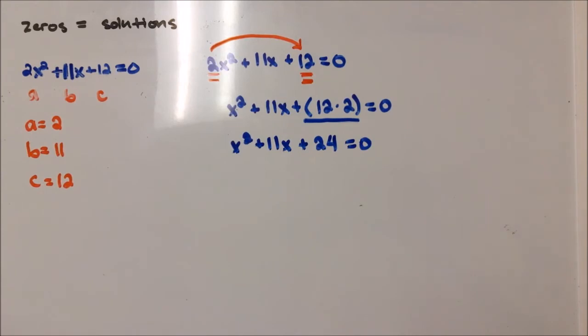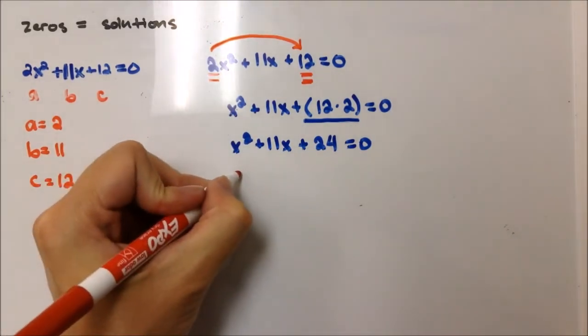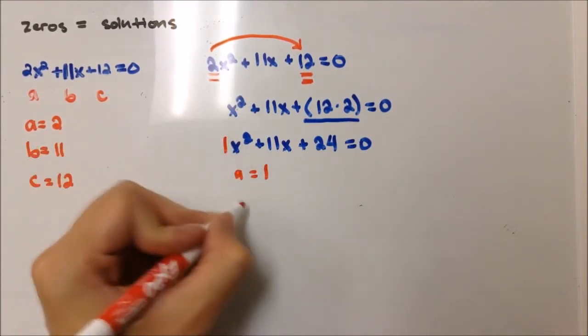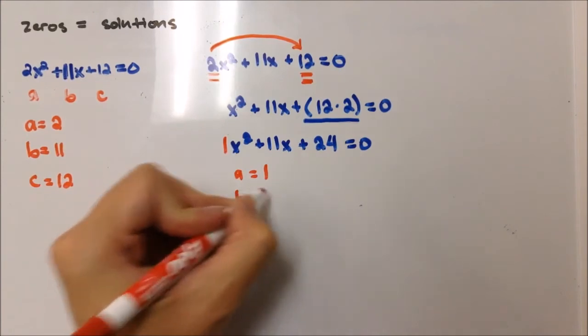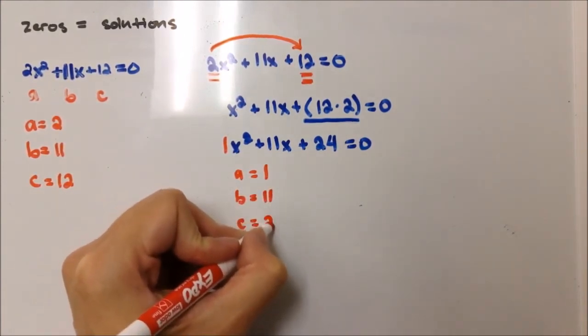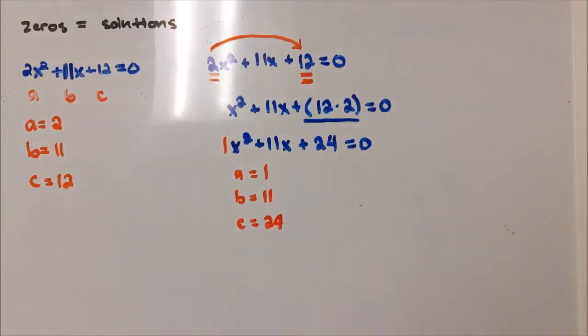So let's redo the a, b, c. a equals 1, because I have an invisible 1 now. b equals 11, and c equals 24. Alright, so since a is 1 now, we can use the chart.